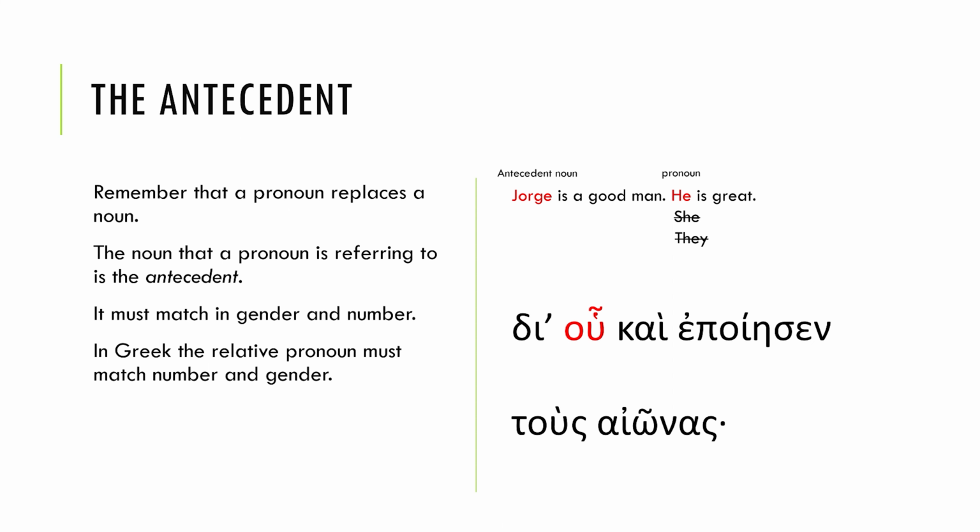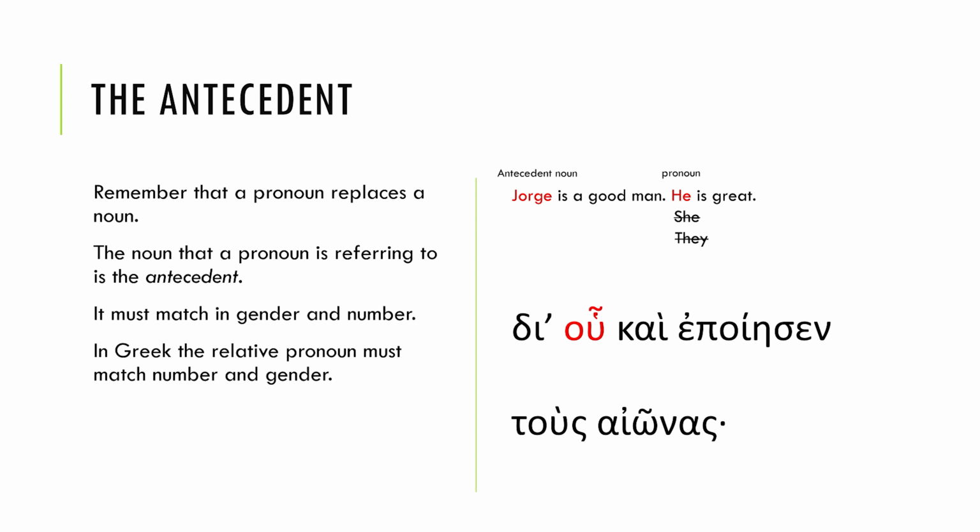We're just going to say "through whom." Kai is "and," "even," "also," "namely." In this case, it's "also." So, through whom. Epoiesen, you haven't learned this word yet, is "he made." Tous aionas is "the ages," or "the world" in this case. So this sentence in Greek is "through whom he also made the world."